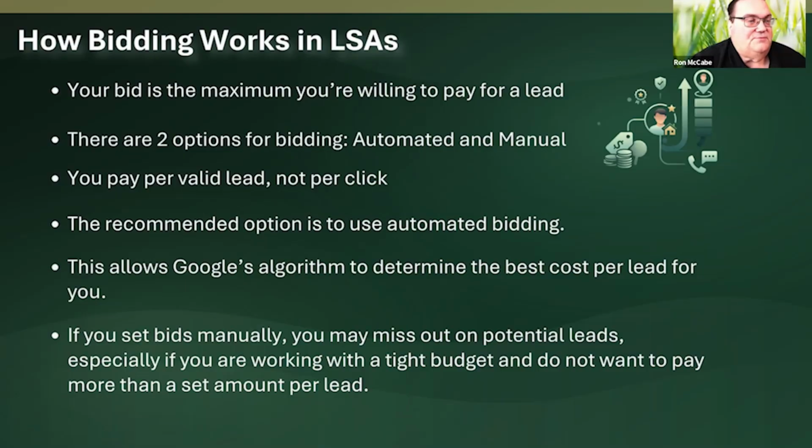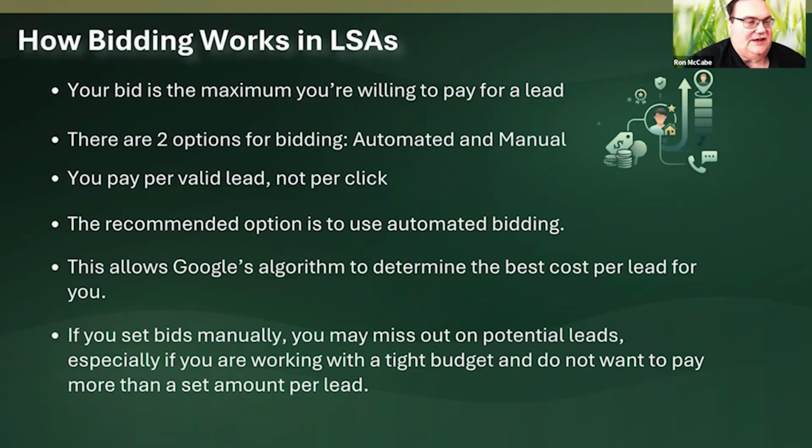And basically, with the bidding, you're essentially setting the maximum you're willing to pay for a lead. And then there's two options in the bidding, automated or manual. You pay per valid lead, not per click. And we recommend automated bidding.